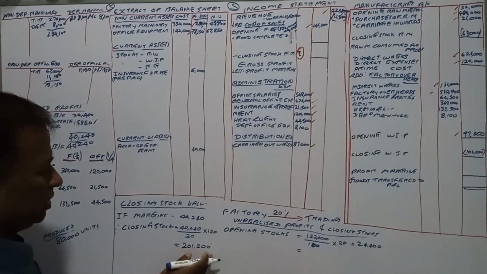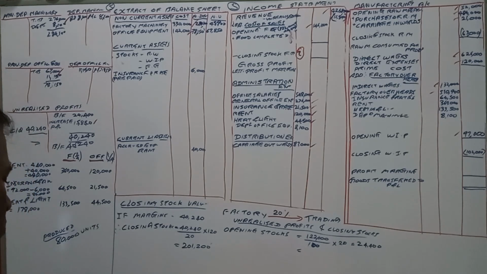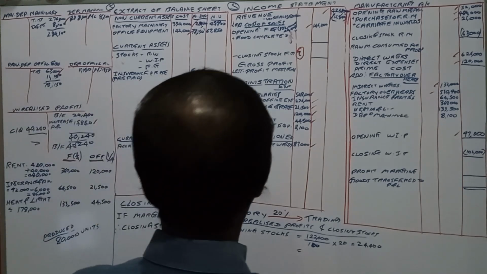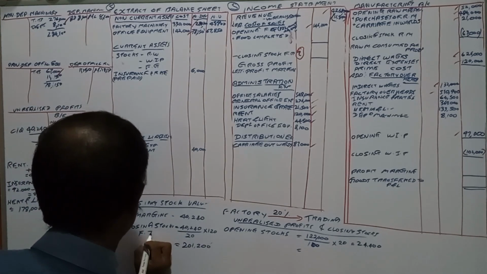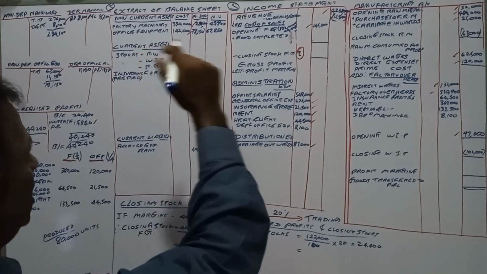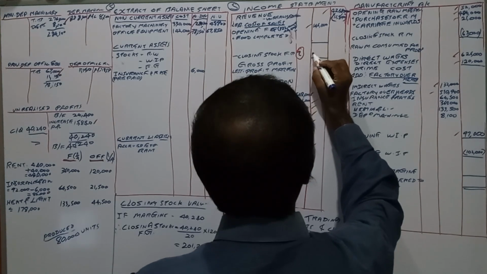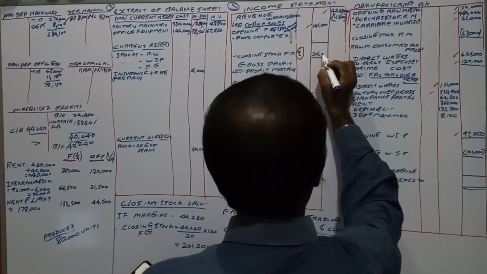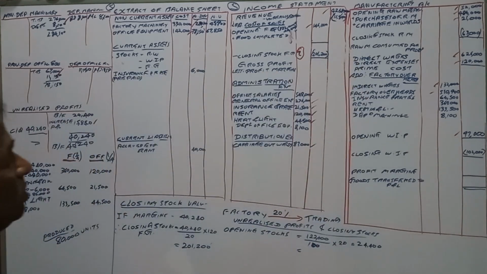This is the closing stock value of finished goods, right? So they wanted us to calculate the closing stocks. We have done it: 201,200 is the closing stocks.